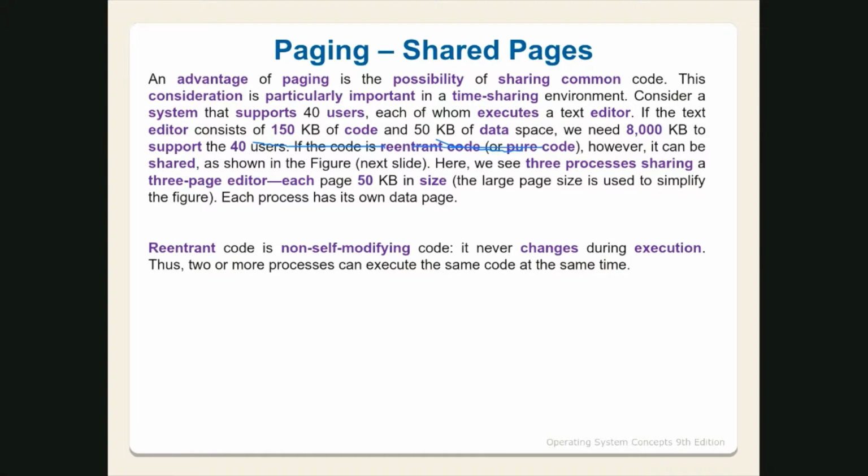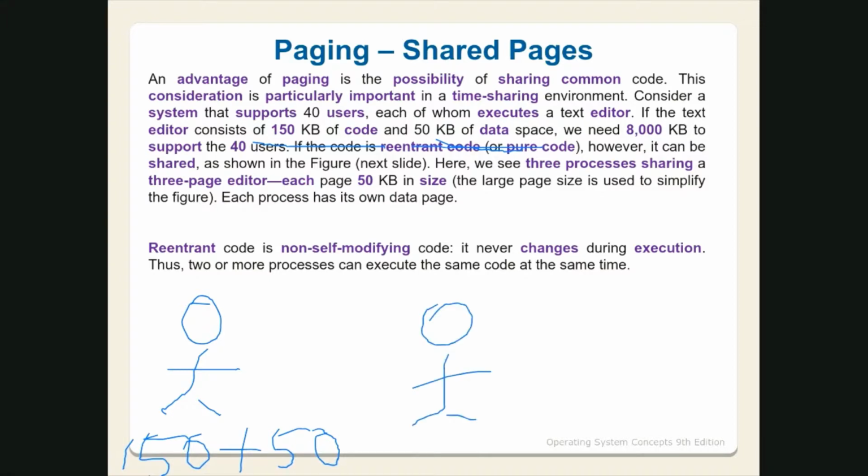So assume there are 40 users and everybody is using the text editor. One user is writing a document or a letter in Word, so how much space is needed? 150 plus 50 for the document. Another user does the same thing, 150.